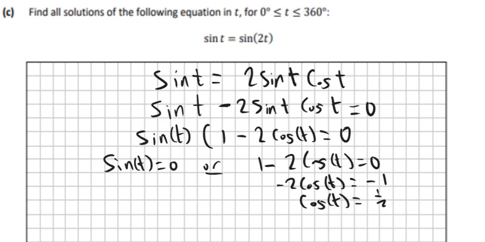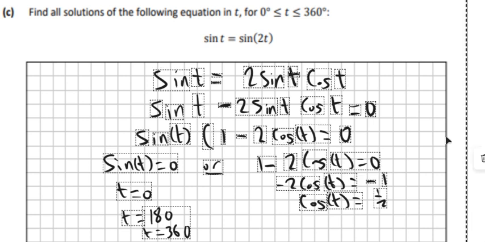So we can solve then, we can just move the sine over. So it'll give us different values of t, so we get t equals 0, but then it's 180 as well, and it's 360, so it can be up to 360. So there are all the places that for sine t is equal to 0.